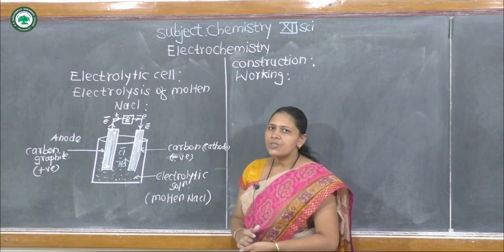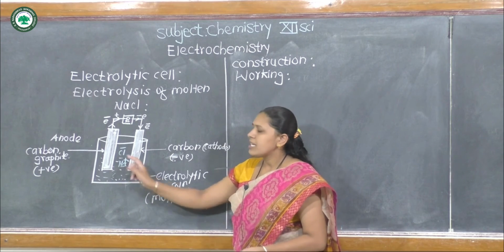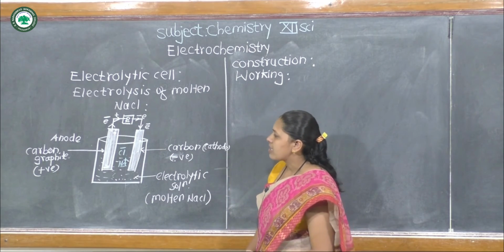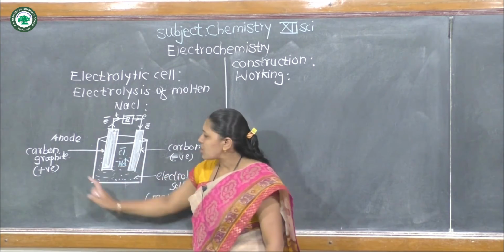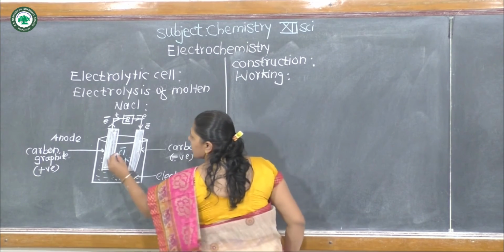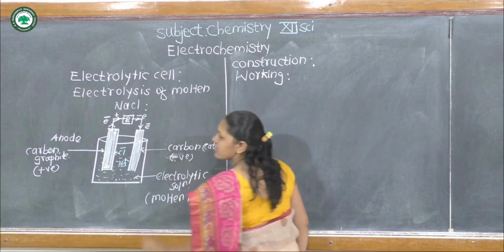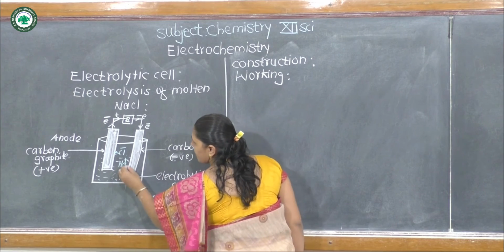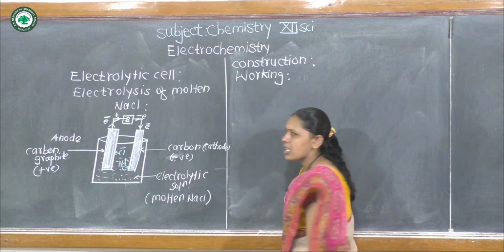Our electrolytic solution contains only Na+ ions and Cl- ions. Since the anode is positive, Cl- is attracted towards the anode and Na+ is attracted towards the cathode.